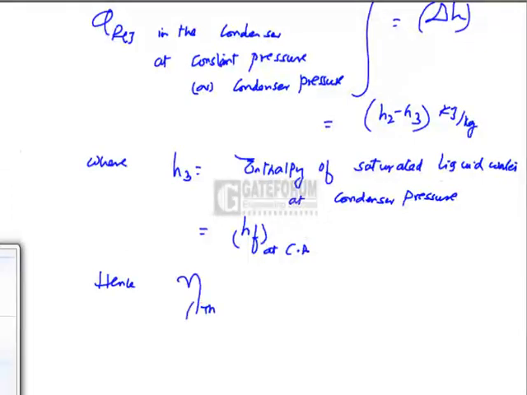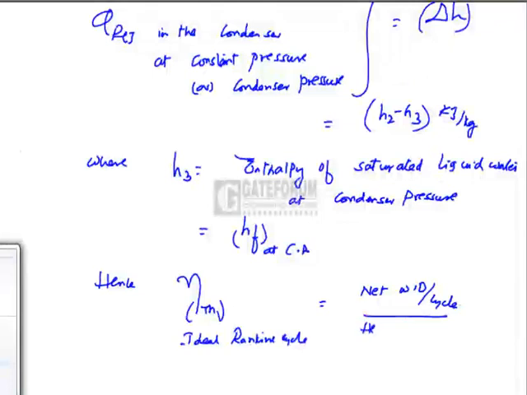Hence, the thermal efficiency of the ideal Rankine cycle or vapor power cycle can be calculated as net work done per cycle divided by heat supplied.